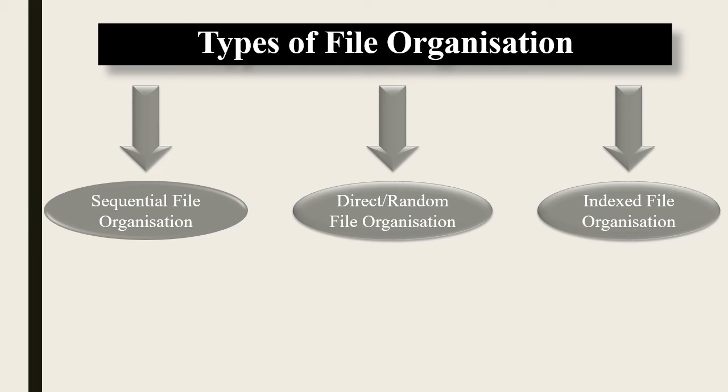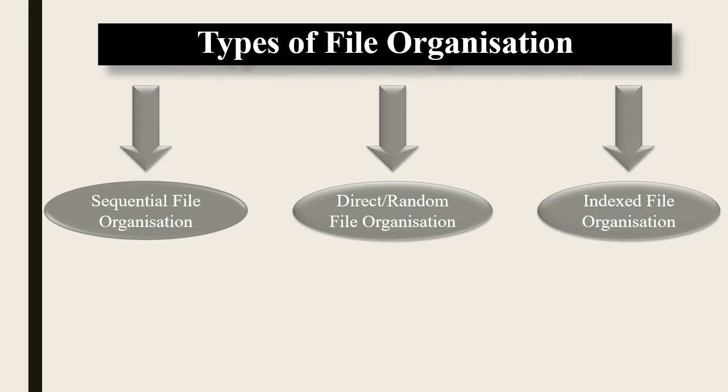In sequential file organization, records are arranged sequentially. A sequential file is a file whose records can be accessed in the order of their appearance in the file. The order in which the records are stored is determined by the order in which they were written when the file was prepared. This order does not change. This is a fixed order.